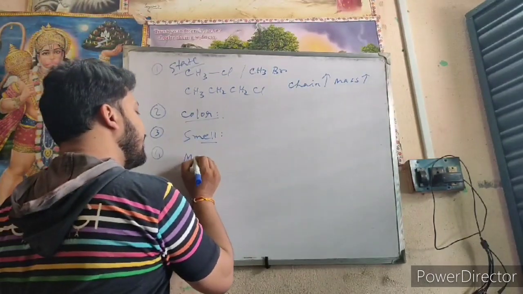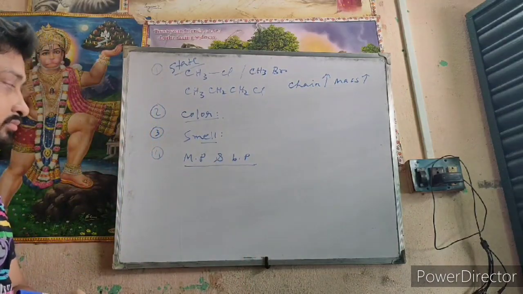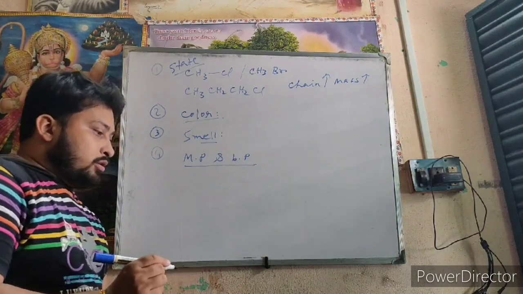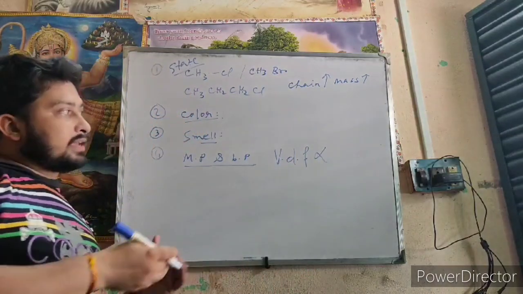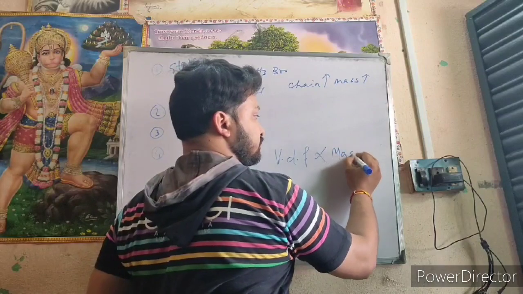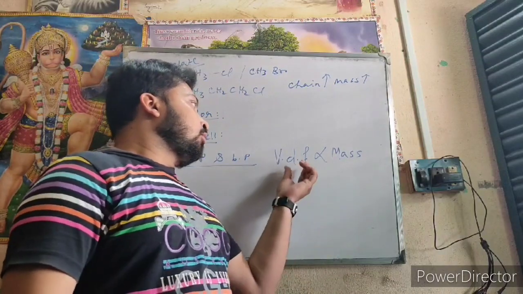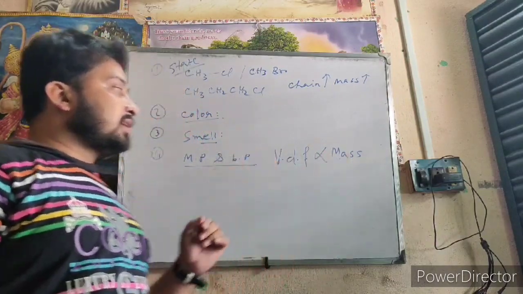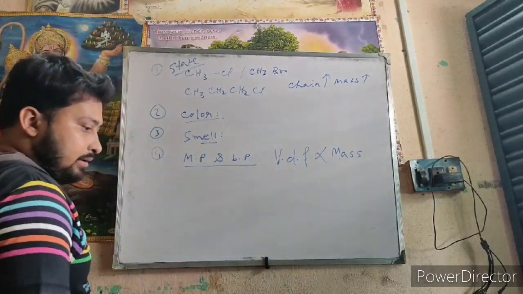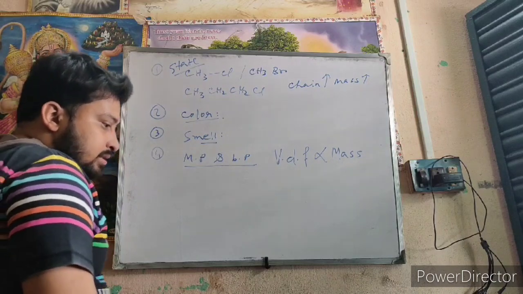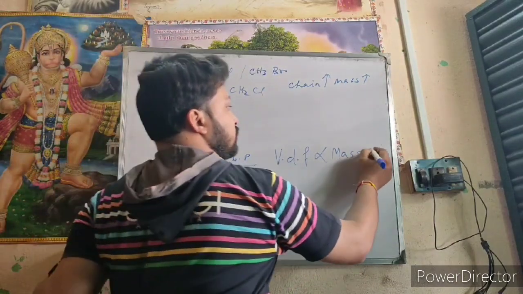Number four, melting point and boiling point. This is very important. As we know, van der Waals force of attraction increases with increasing mass. So van der Waals force of attraction is directly connected with the mass, and with increasing van der Waals force, the boiling point also increases.